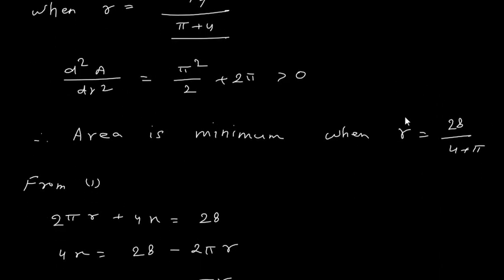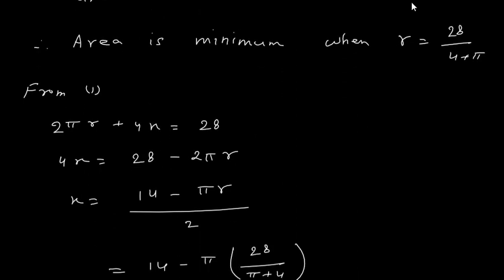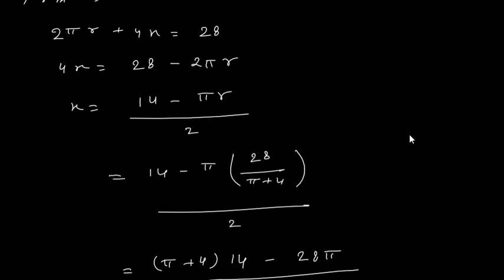Then in the second derivative, so no problem. And then here again, when r is equal to 14 upon, this is not 28, this is 14. So I will write 14 upon 4 plus pi. So in place of r, we will replace 14 upon 4 plus pi.